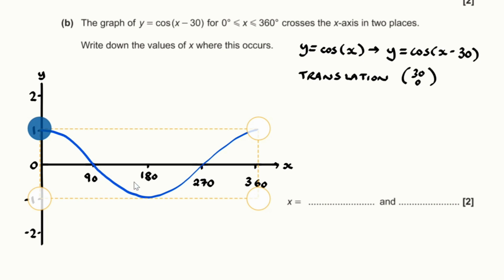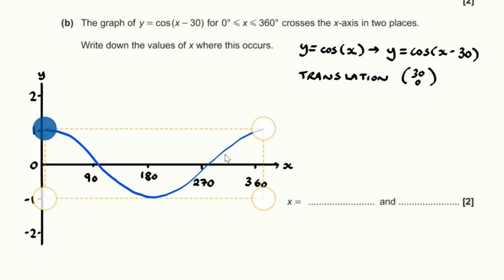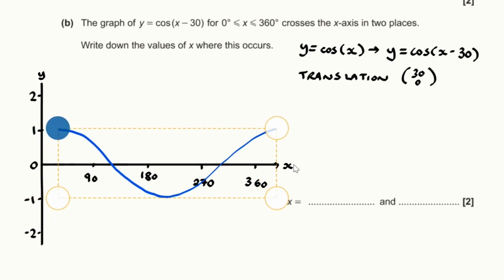So if I split this up even further, it will move around this much, okay? And then the graph goes back down like that. And then let's just rub this out.